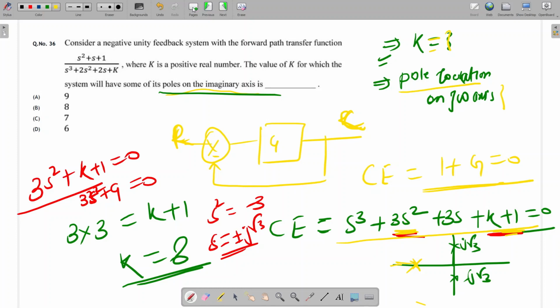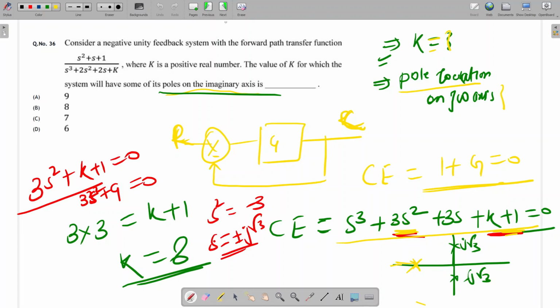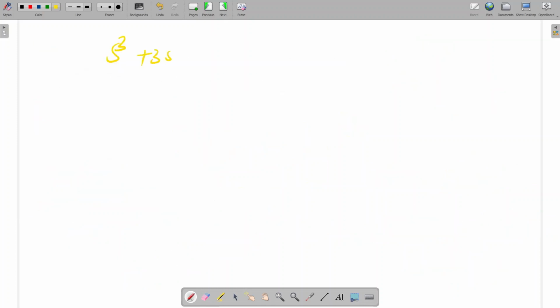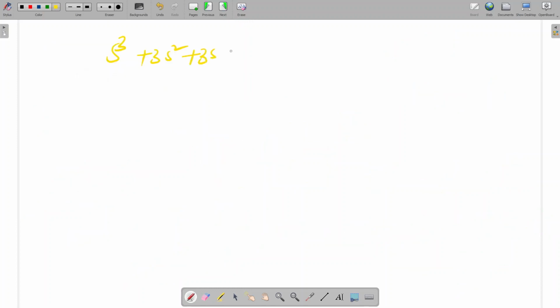So s³ + 3s² + 3s + k + 1. For marginal stable, poles should come on the jω axis. This is our characteristic equation.